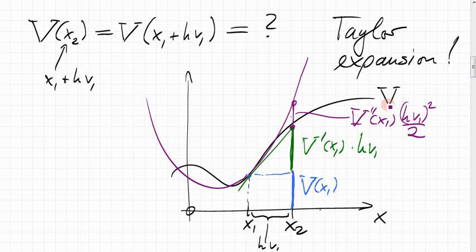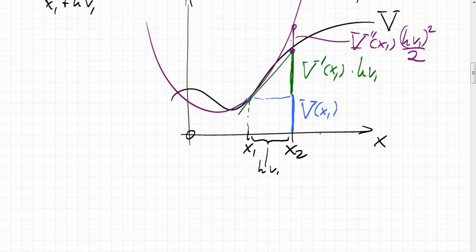So if my original curve, capital V, was a quadratic parabola, I could add these three terms and the result would be exact. Actually, you see, the way I've drawn it, it's not quite a quadratic parabola, but when h is small, when we're close to x1, this somehow reddish approximation is pretty good.